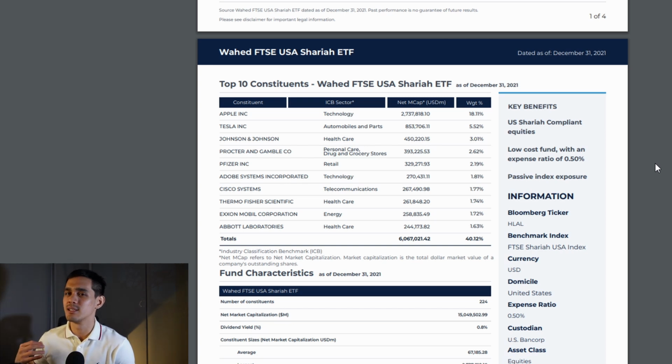I mean, Wahid has been, I don't know, lucky or what in a way that Apple has been doing well. But when I invest in an ETF, I don't want one stock being such a large portion of it. If I wanted that, I may as well just invest in Apple directly. But again, this is individual preference. This is just what I think. Some of you may be okay with it, so you can go ahead and invest in this ETF.